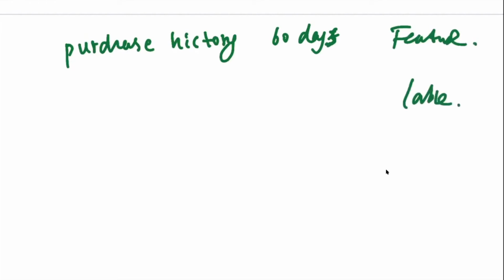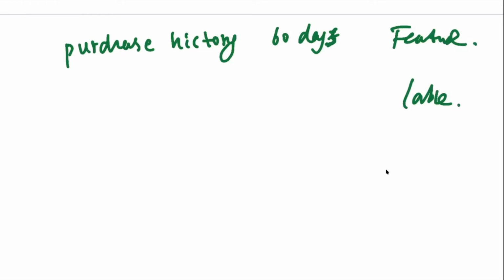Say, for example, how many books he or she bought for the past 6 days, 10 days, and which categories these books belong to. That could be the feature, and you try to predict the label. The label could be what kind of books this customer will like. Then you can recommend this kind of book to him or her.